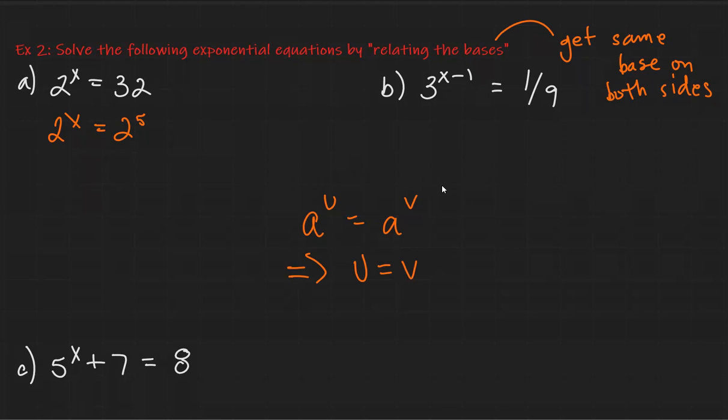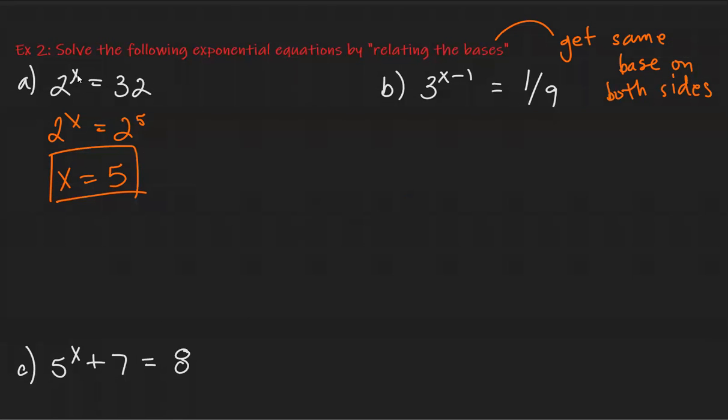If it was not a one-to-one function, this would not be immediately true, but since it is one-to-one, it is, okay? That's going to help us later, but for this one, it's pretty clear that it's 5. When we write this, we see that because we have 2's here, the same base, the exponents have to be the same. I can now just set the exponents equal. So x equals 5, but we knew that, okay?